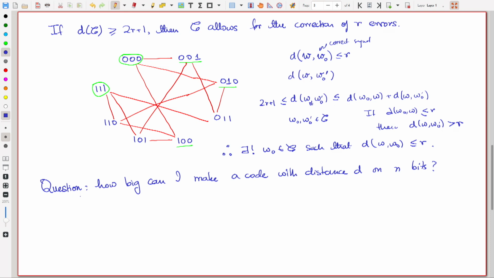So, this A(n, d) is defined to be, and this is the main protagonist of our story today, the maximum cardinality of C, where C is a code on n bits with distance greater than or equal to d.